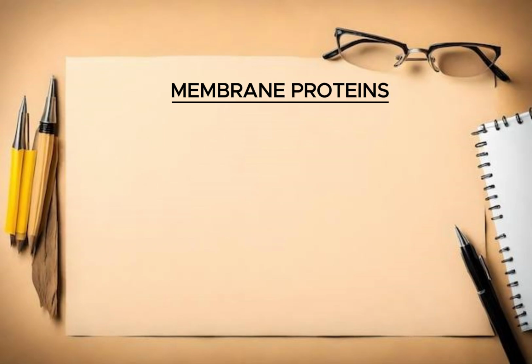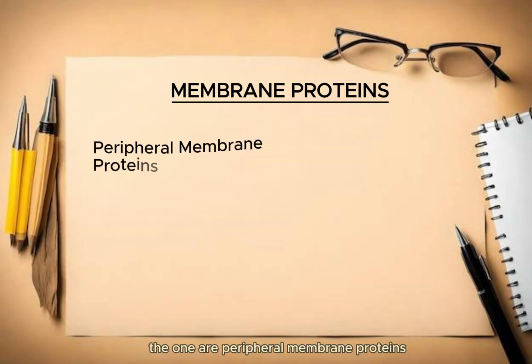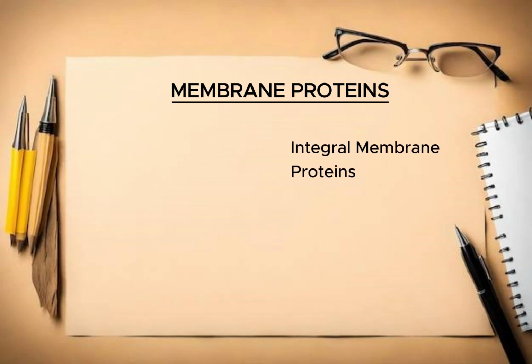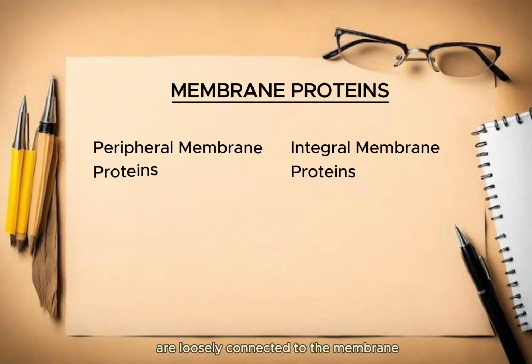water. Membrane proteins. Two types of membrane proteins have been identified based on their ability to be separated from the membrane. The one are peripheral membrane proteins and the other one are integral membrane proteins. Peripheral membrane proteins are loosely connected to the membrane and can be easily removed.